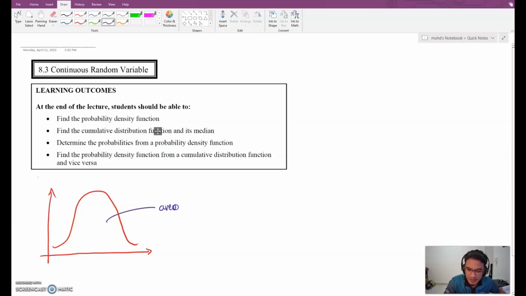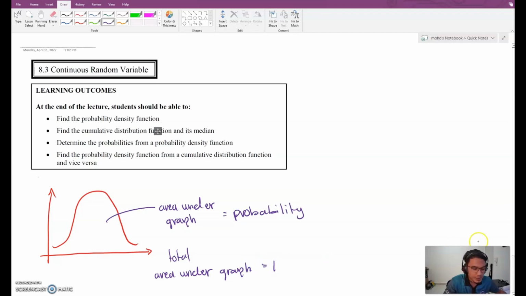So the total area under the graph will be equal to 1, because 1 is the maximum number for a probability.